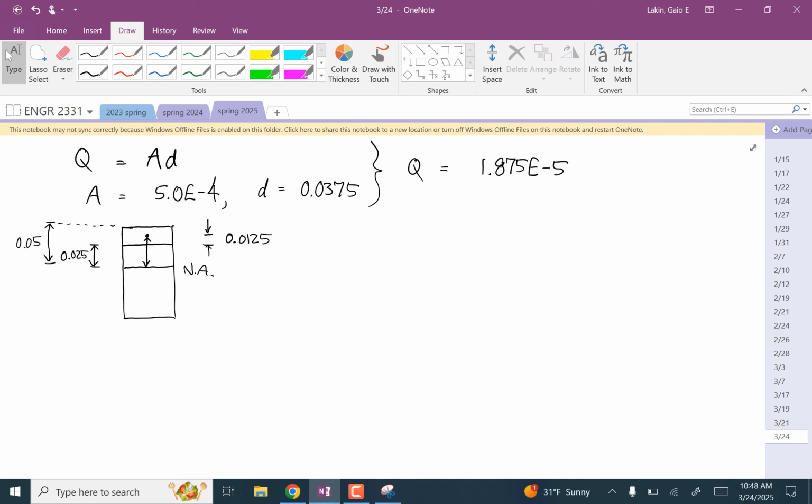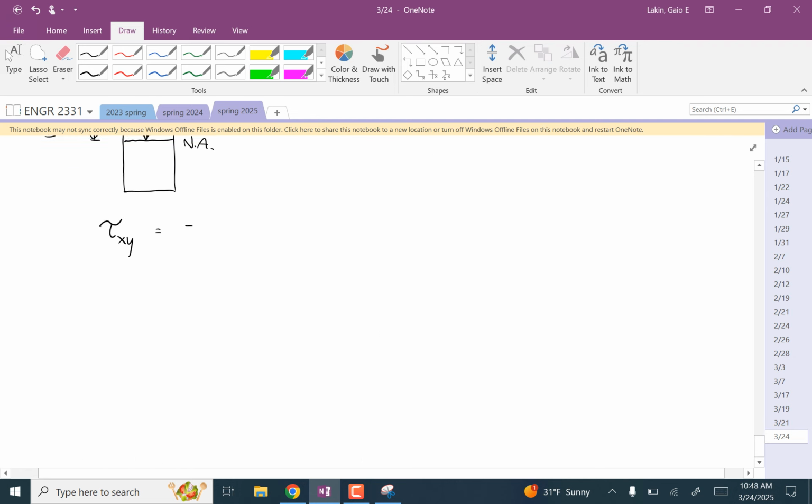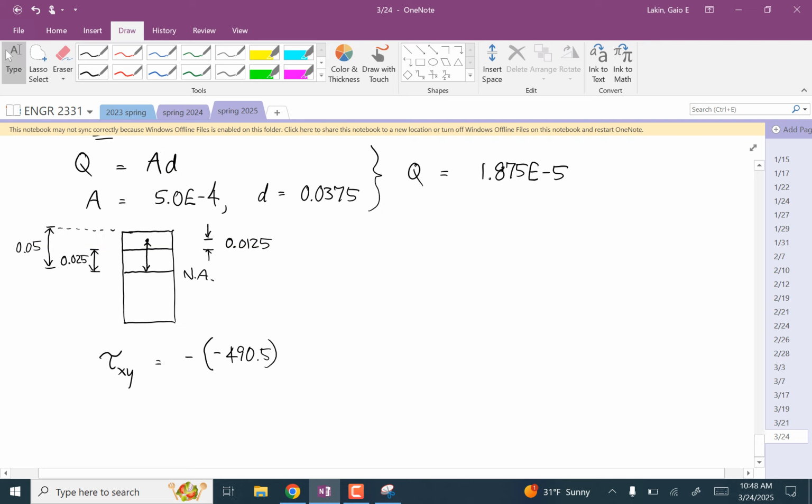We already have I, so we can calculate this stress as negative shear force, negative 490.5, Q is 1.875 times 10 to the minus 5, I is the area moment of inertia, 1.6 repeating times 10 to the minus 6.